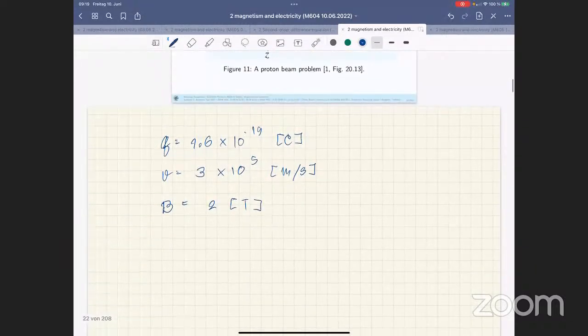Now it's time to substitute all these quantities: Q, V, B, and sine theta.